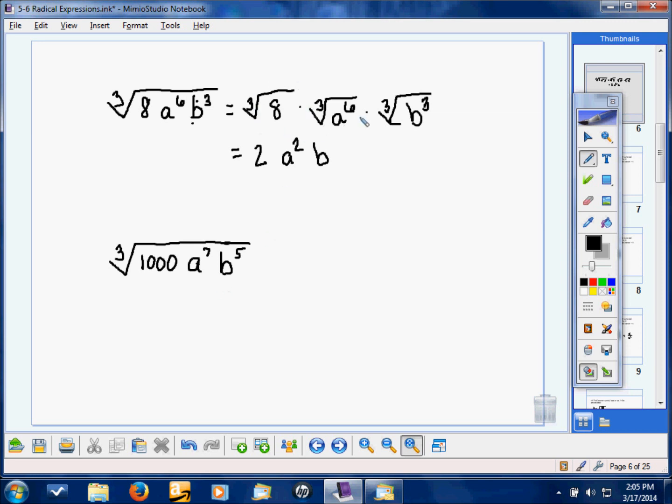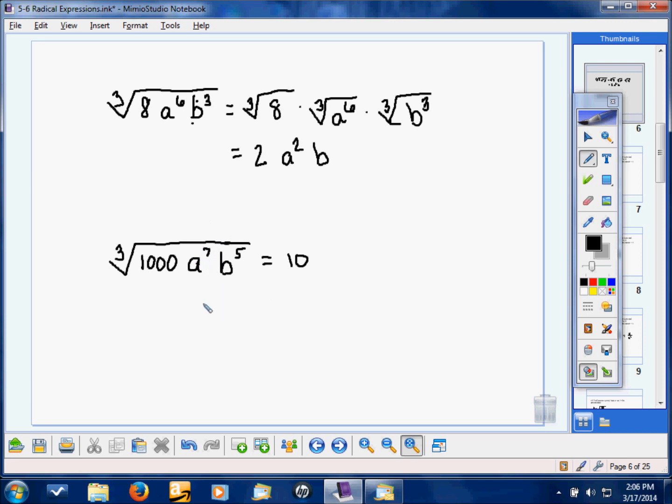Now, you don't have to actually write out the breaking it down, but you're thinking of it in 3 different parts. So, cube root of 1,000. What times itself times itself? 10. And do you know how to do that in your calculator? Yes. Okay, there's a cube root button under math. So we find out that's 10.